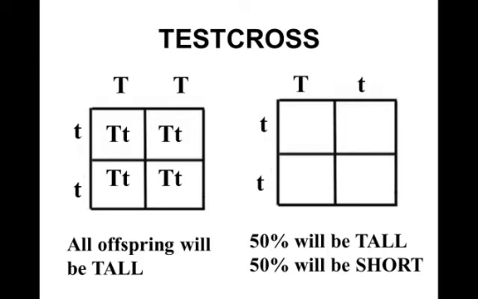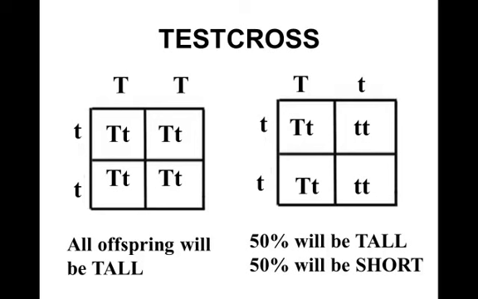If, however, my parent is heterozygous, big T, little t, it still looks tall, but I really can't tell that the little t is hiding there. The little t is recessive, remember? So if I cross a parent that's big T, little t with a homozygous recessive, two little t's, I'm going to get a different combination, different probabilities in my offspring.